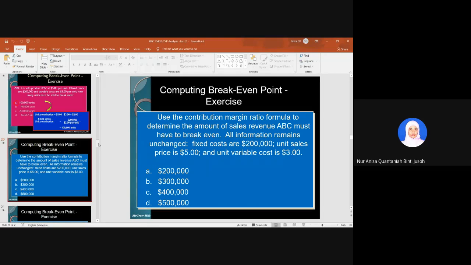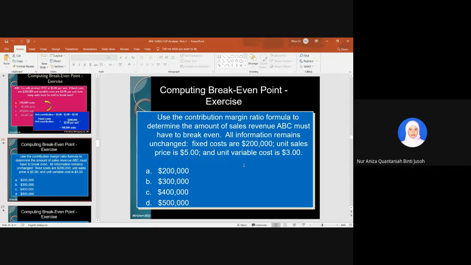Kalau ikut formula, first you have already determined the contribution margin per unit. Okay, so you know the contribution margin per unit is RM2 kan? Now you want to know the ratio of the contribution margin to sales. So kita menggunakan contribution margin ratio.